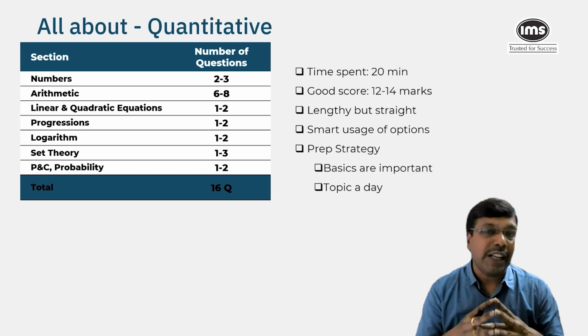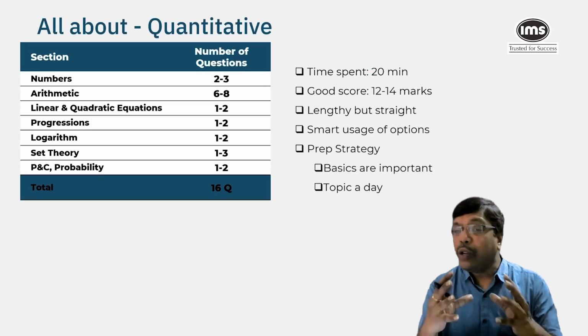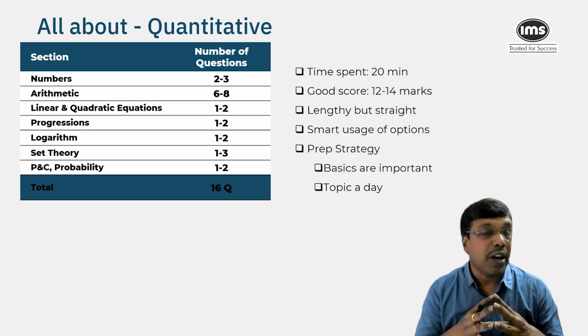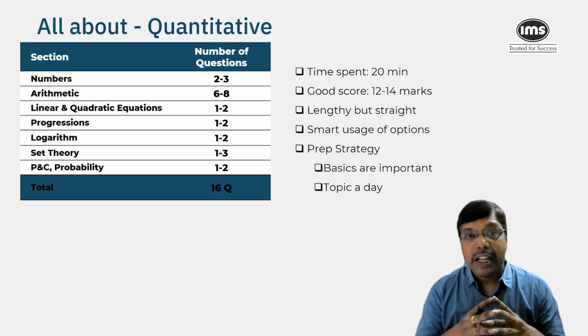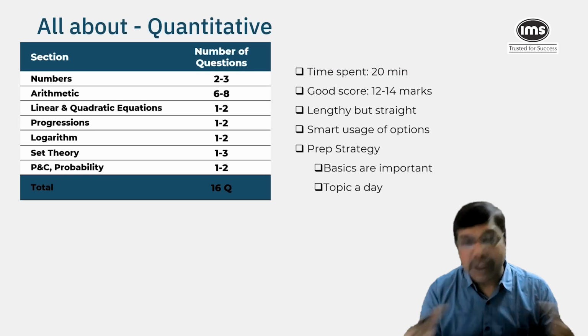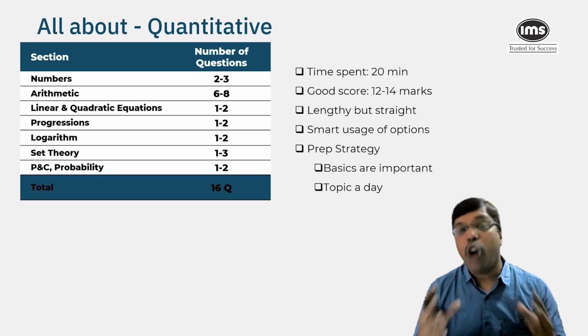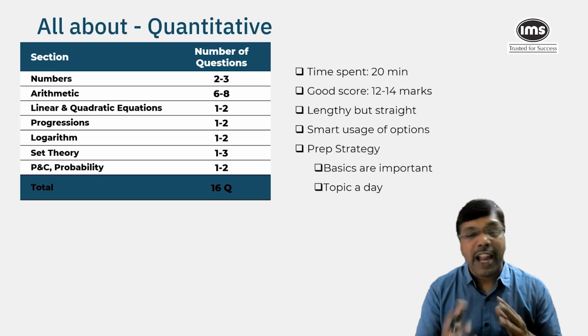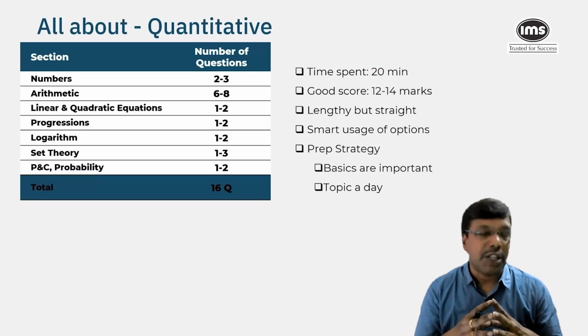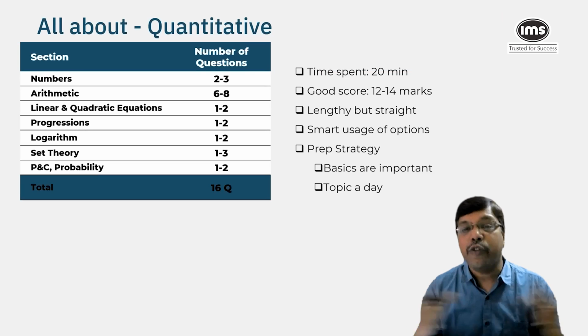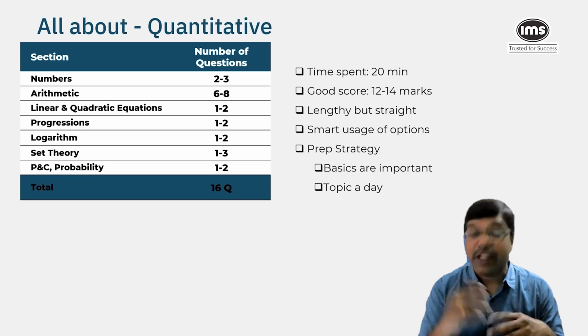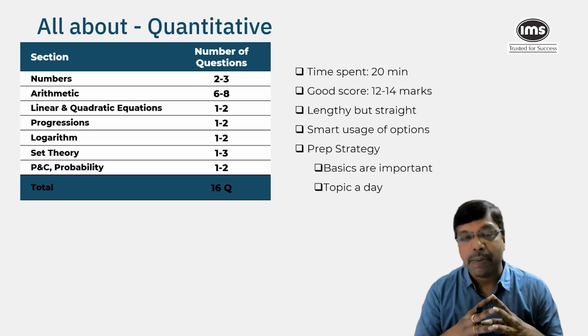The second point is, though there are only 16 questions in the quantitative section, they cover many topics. So there'll be a lot of topics from where you expect anywhere between 0 to 2 questions. So a wide range of topics are covered even if there are only 16 questions.